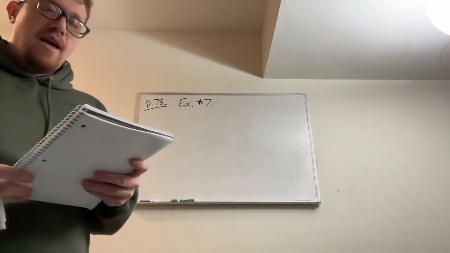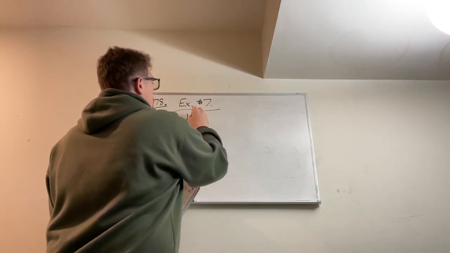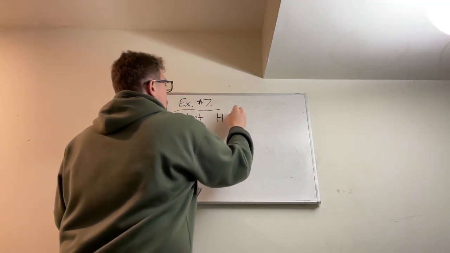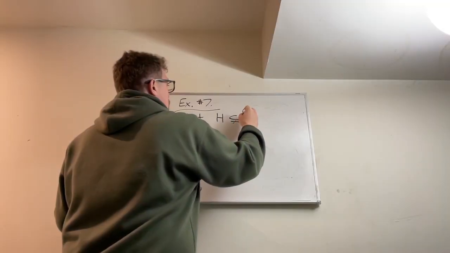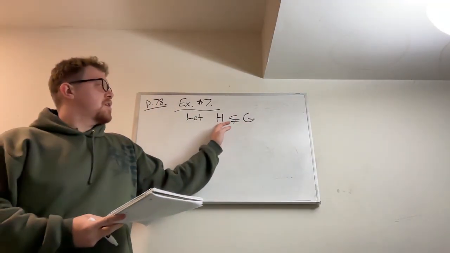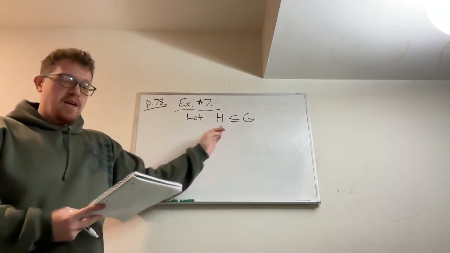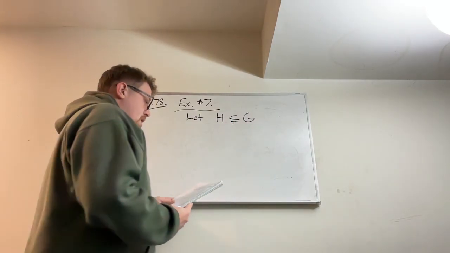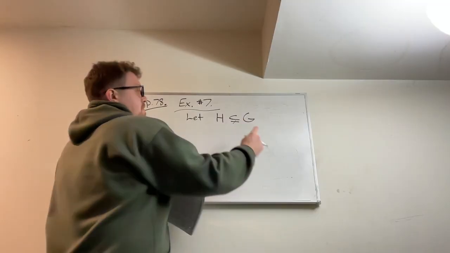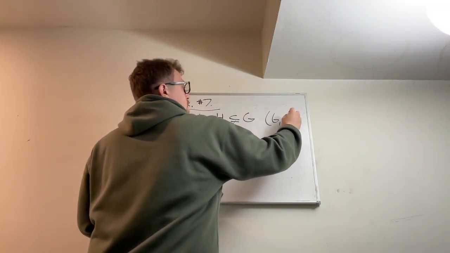So it says let H be a proper subgroup of a group G. So proper meaning that it's a subgroup, but it's not the whole group. So there's at least some element in the group that's not in H. And let's assume that G is finite. Finite group.